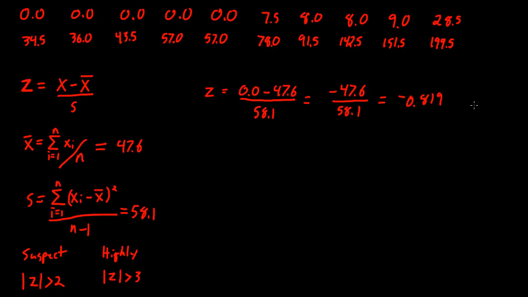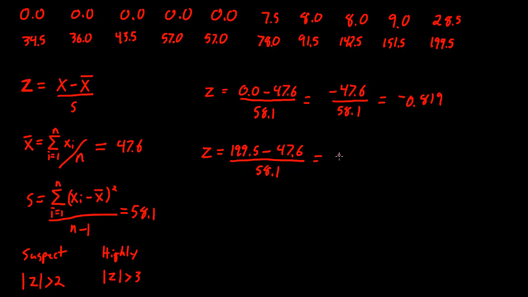So now that we've determined that we don't have any suspect outliers on the low end of our data, let's check the high end of our data and see if we have any suspect outliers there. So to do that, we're just going to start with our most extreme high end value of 199.5. So we're going to say that z is equal to 199.5 minus our sample mean of 47.6 divided by our sample standard deviation of 58.1.